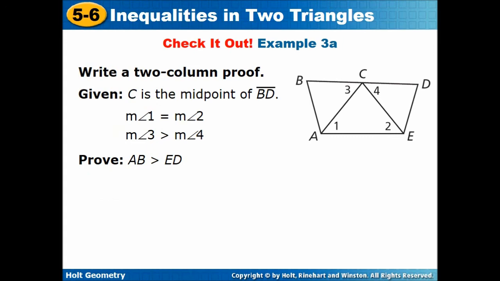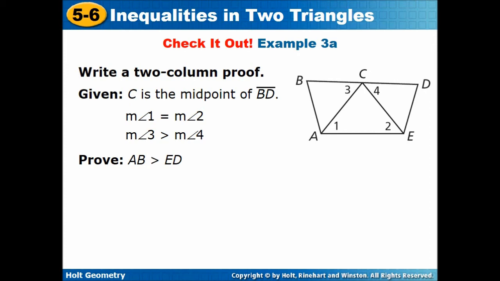All right, we're going to do a second one, but this time you're going to do it. So you have a quadrilateral here that's divided into 3 triangles. You'll notice that you've got 4 angles identified, and you're given that C is the midpoint of BD, the top line, and that the measure of angle 1 equals the measure of angle 2, and the measure of angle 3 equals the measure of angle 4.